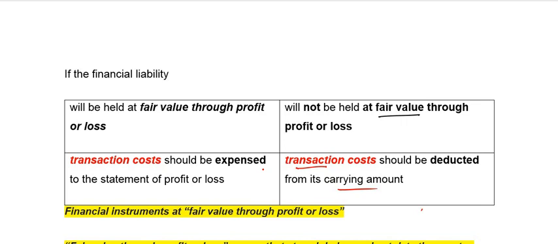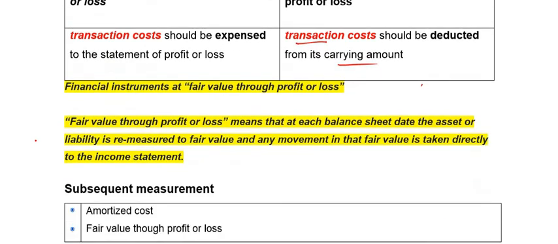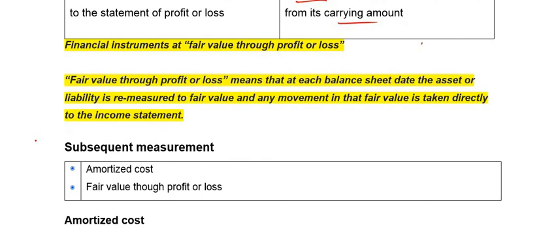Okay, and what does it mean by fair value to profit or loss? Fair value to profit or loss means that at each balance sheet date you have to remeasure the financial liability to fair value, and if there's any change in the fair value, then you should record this in the income statement.